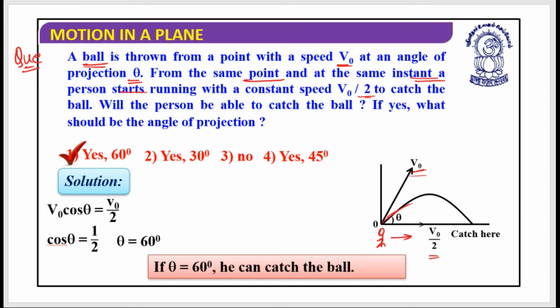Now the question is whether you can catch the ball. The concept behind it is that this is v0, this is v0 cos theta, and this is v0 sin theta. The person is going to run on the horizontal plane.